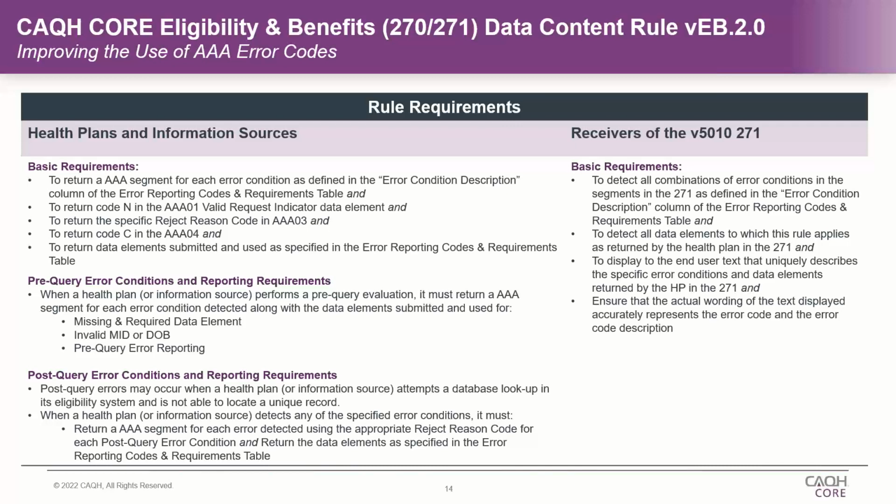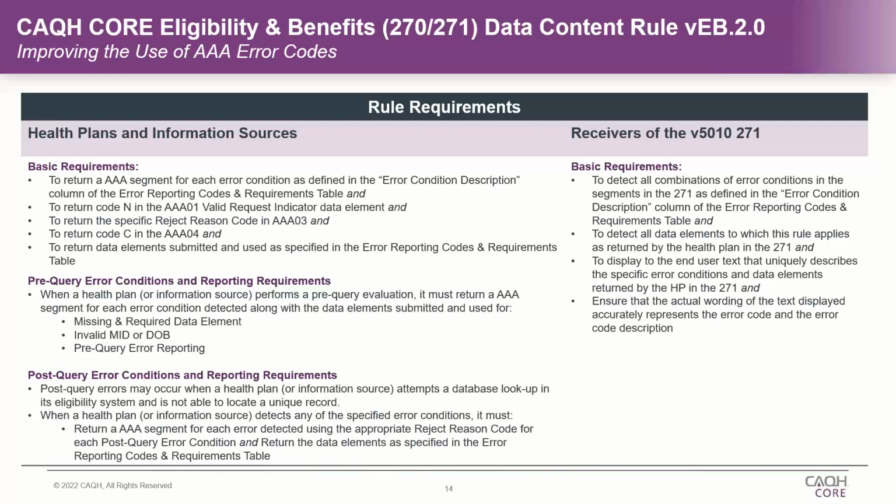And the operating rules describe, I think, 17 different scenarios and which AAA error code should go back, so the provider knows exactly what data he or she needs to change to make sure that the transaction can come in more cleanly. I think also important in the requirements, and Donna mentioned this, is that you don't want the provider to have to correct one thing, submit, oh, it's still wrong, resubmit, right?